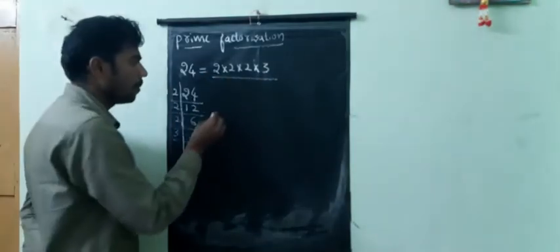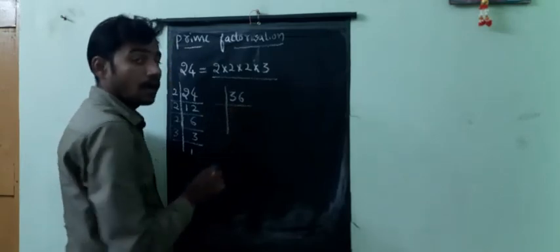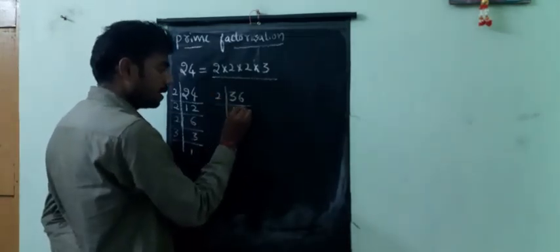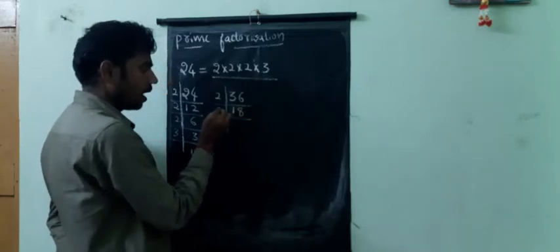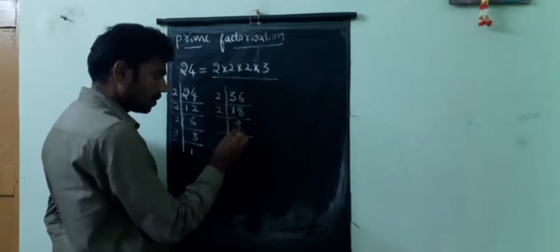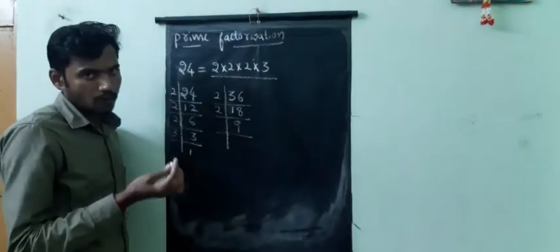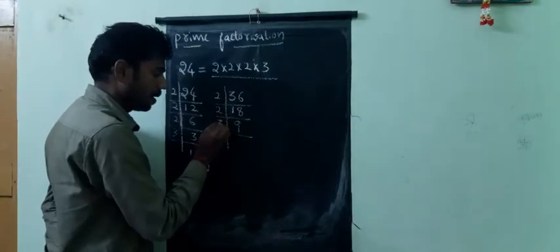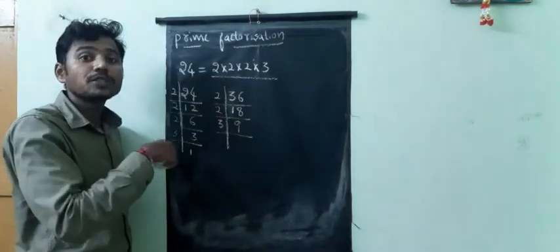If I take one more number, 36, since the number is ending with 6, I will start with 2. 2 eighteens are 36, again it is ending with 8. 2 nines are 18. Now, is 9 divisible by 2? No. Next smallest prime number is 3. I should start with 3. If it is not divisible by 3, I should start with 5.